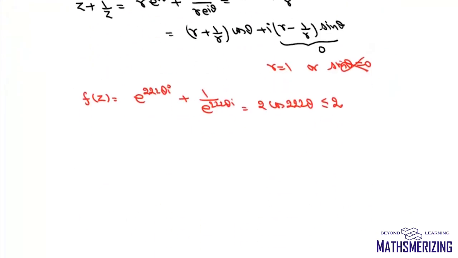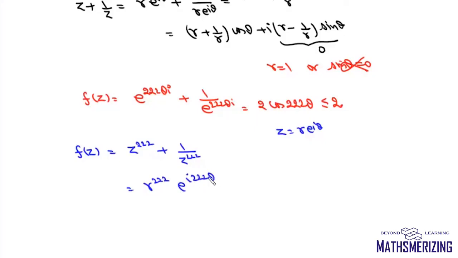Now if we write f(z) as z to the power 222 plus 1 upon z to the power 222, and we take z as r into e to the power iota theta, it will be r to the power 222 e to the power iota 222 theta plus 1 upon r to the power 222 e to the power iota 222 theta.